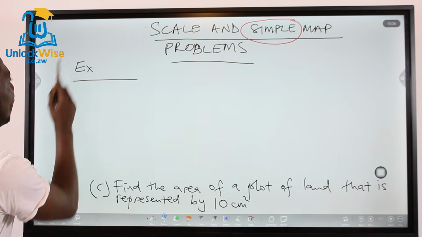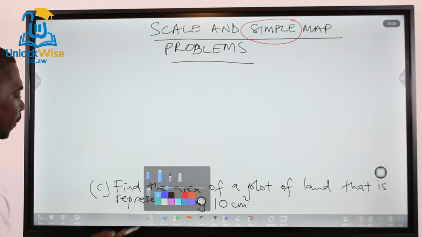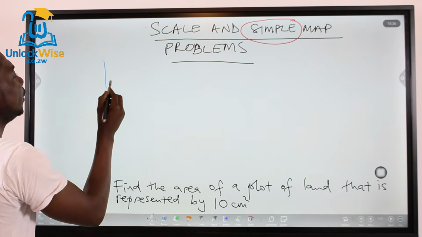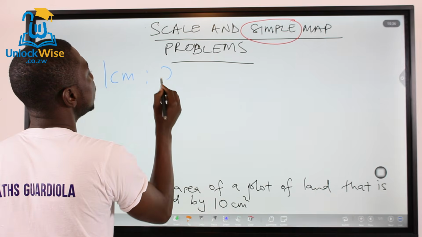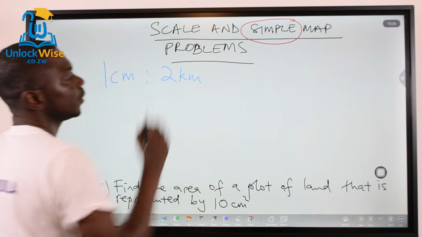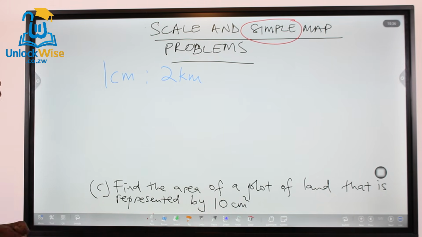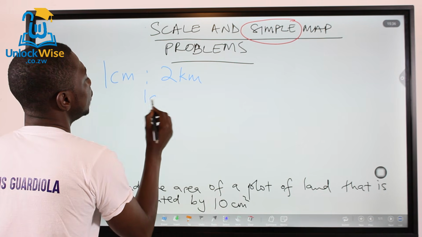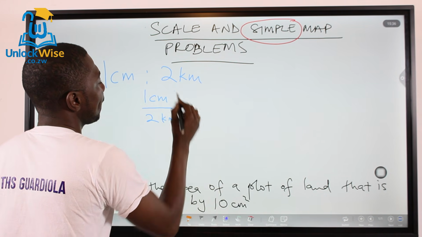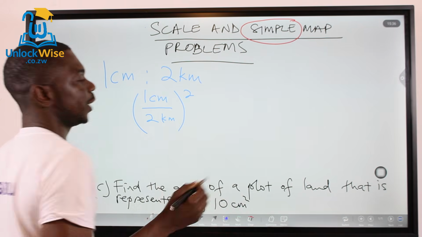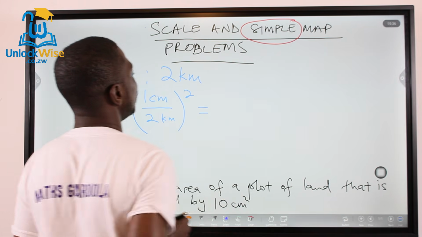Already we know that 1 centimeter is representing 2 kilometers, right? And I highlighted that we can square this to get our area factor.